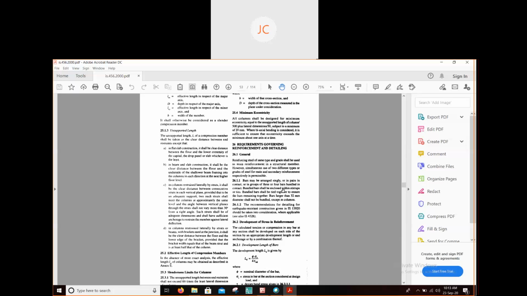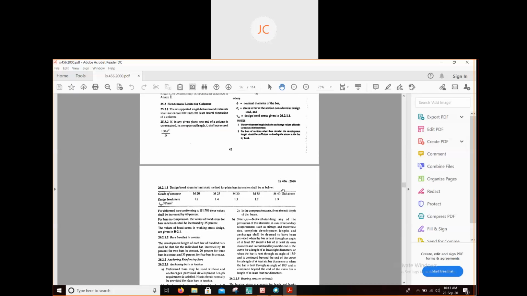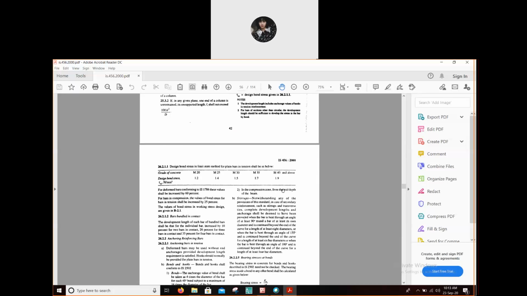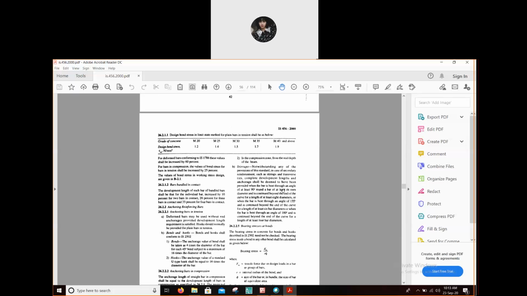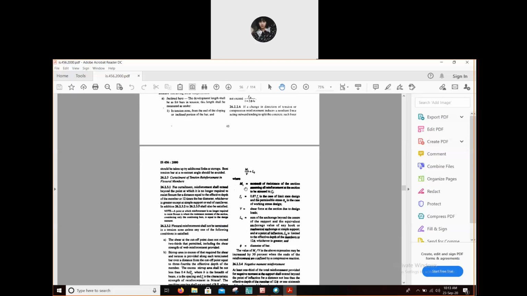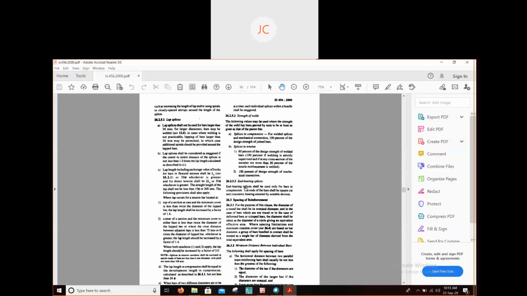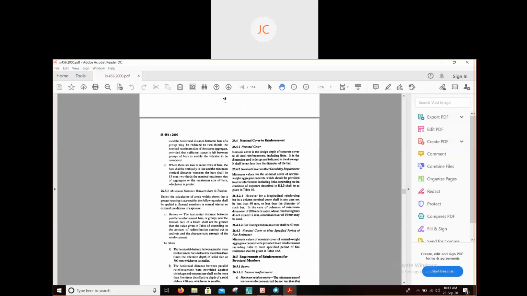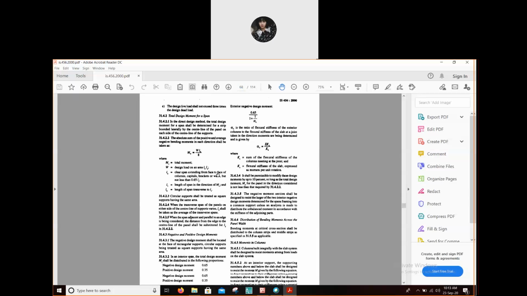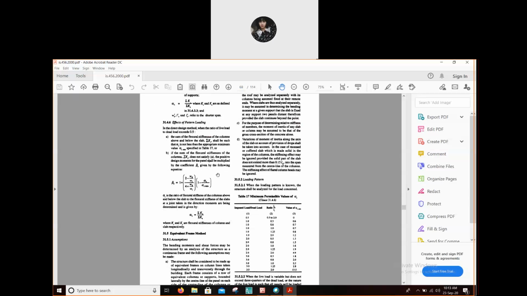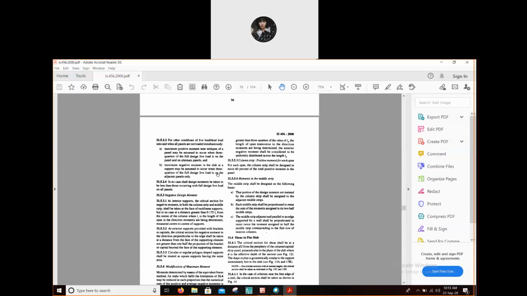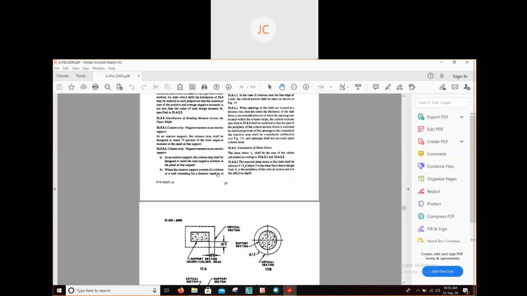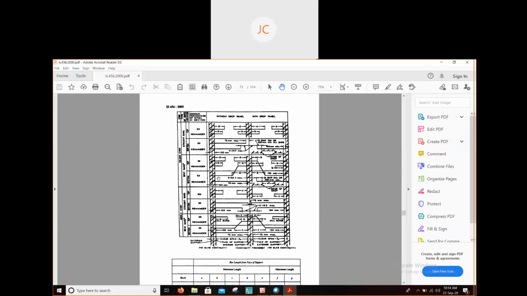I see on page 68, Table 18, the partial safety factor.